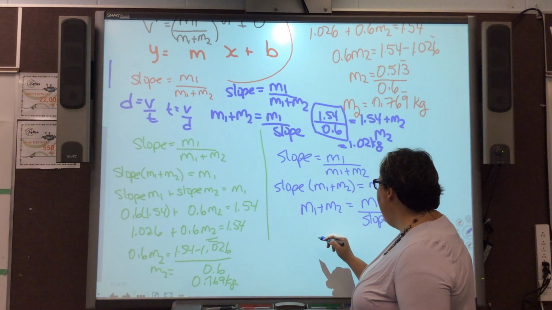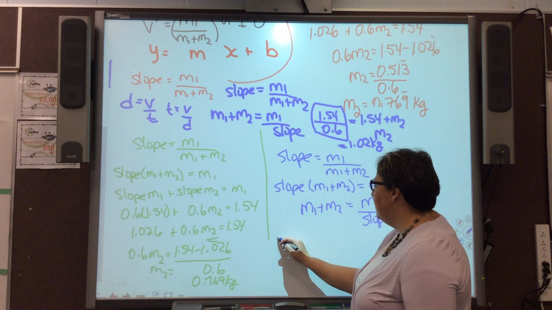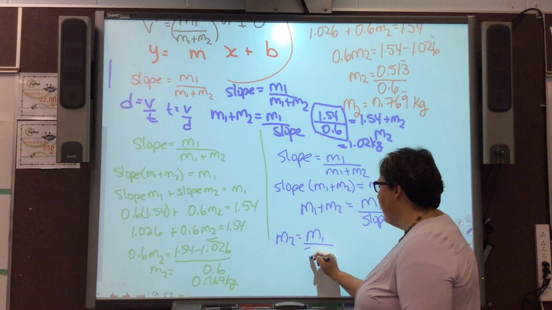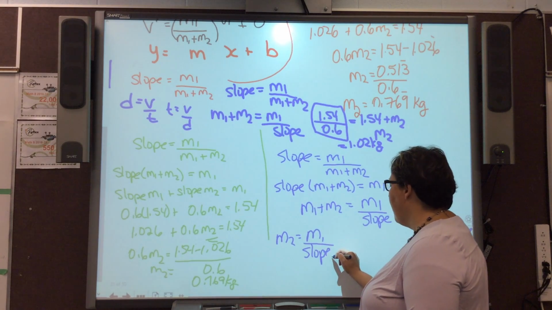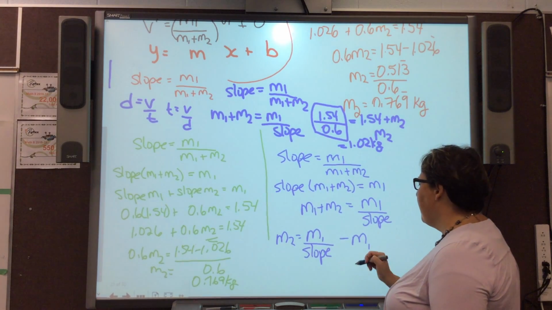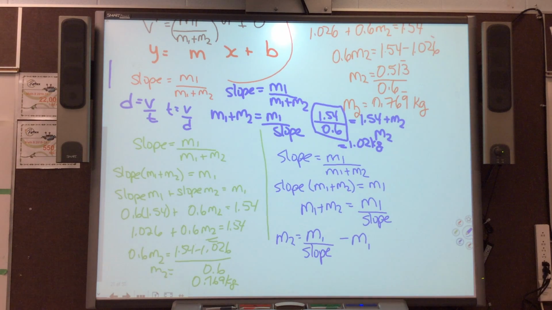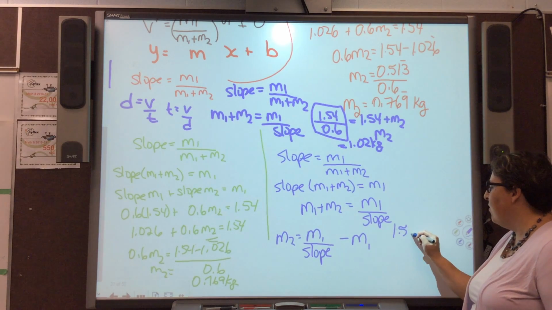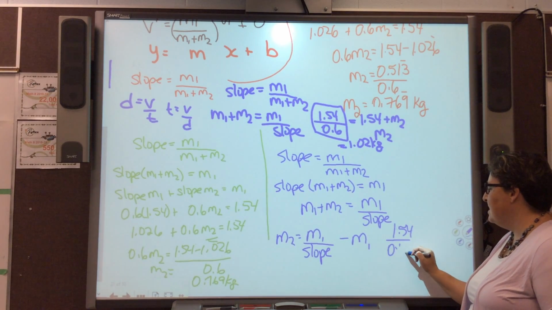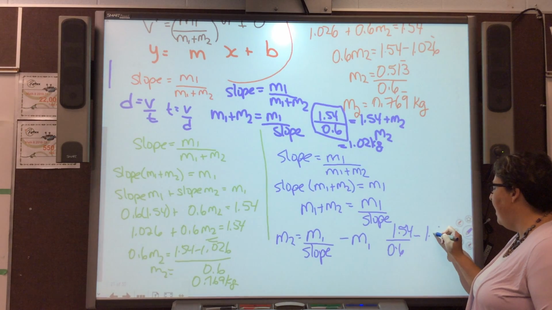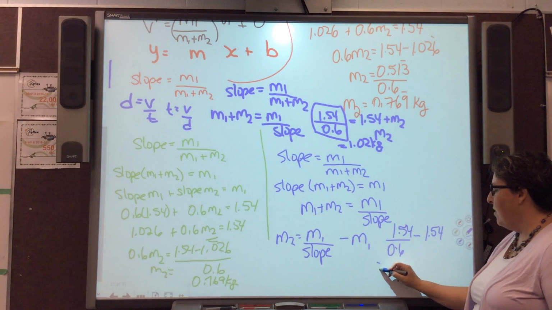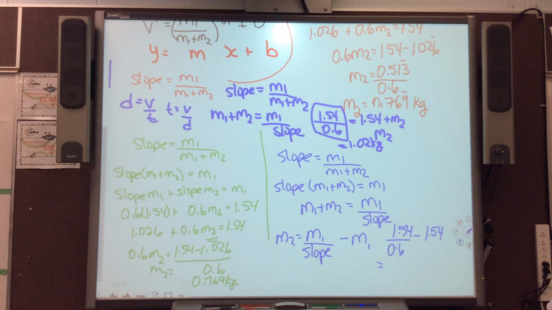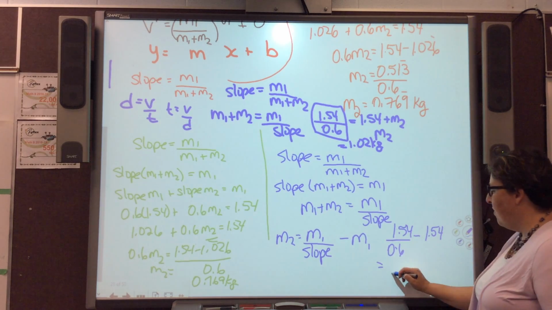So now we have, for m2, isolating for m2. When we do this math, 1.54 divided by 0.6 minus 1.54, by my calculations, and maybe I'm wrong, but I've done it twice, I get.